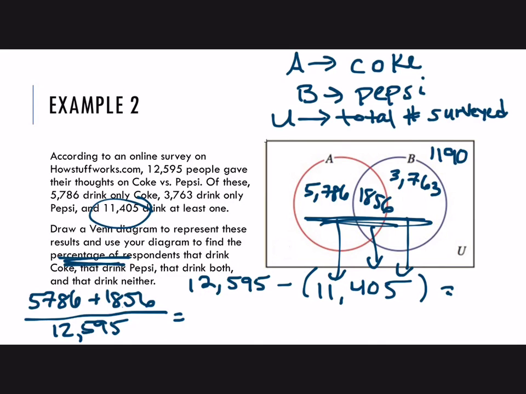I'll let you work that one out. And then same thing for the Pepsi drinkers. Add these two numbers, divide by 12,595, and then same thing for the neither. People who drink neither, divide 1190 by 12,595.